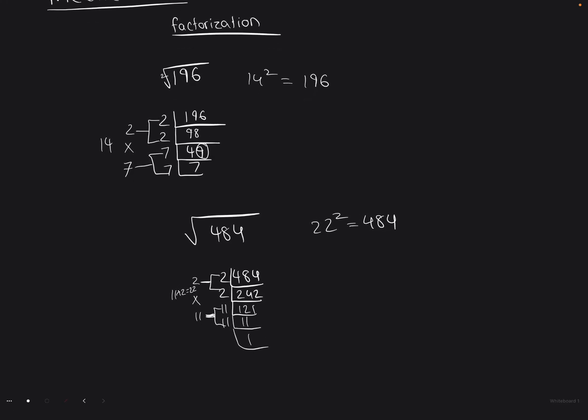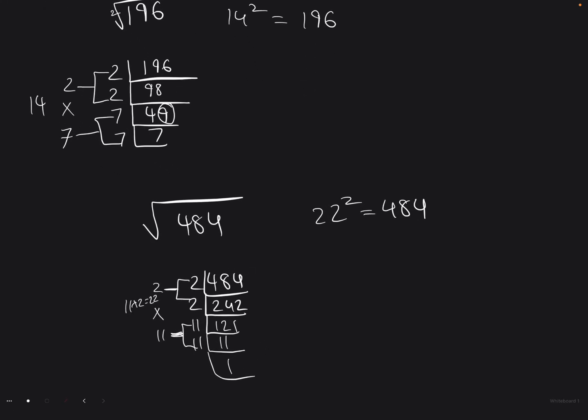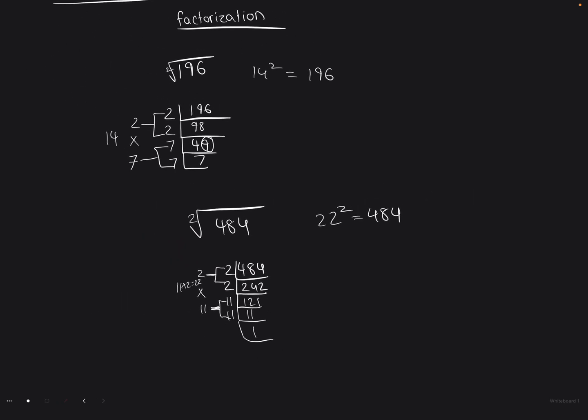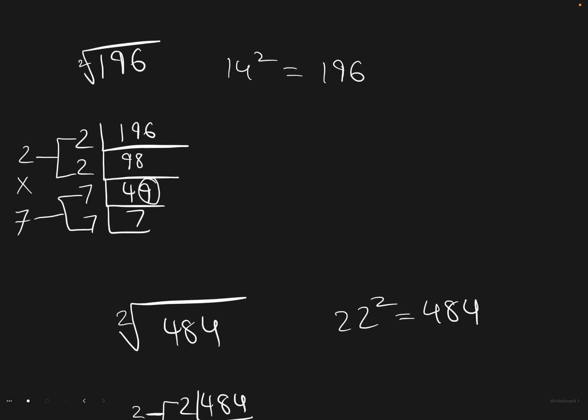Now, the reason why we're taking pairs of 2 whenever there's a square root is because, let's take a better example of 16. Let's say you want to find the 4th root of 16. So what does 4th root mean?